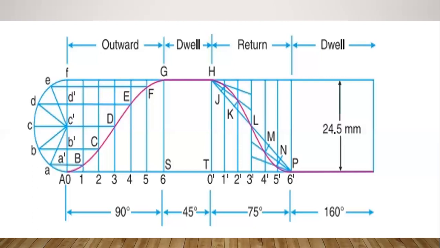So in the first motion, that is the outstroke motion, you have to draw the simple harmonic motion. That is why we are drawing the semicircle here, to represent the simple harmonic motion.